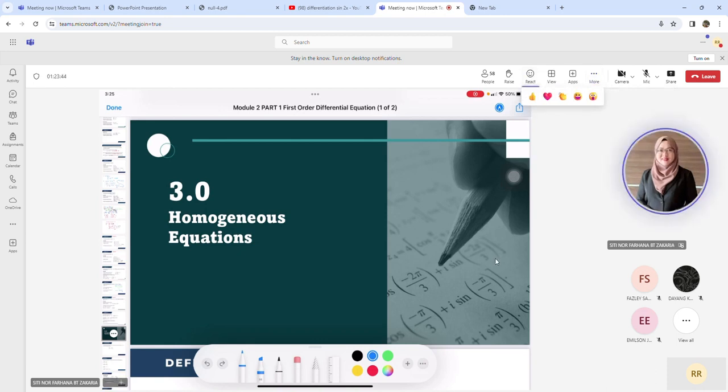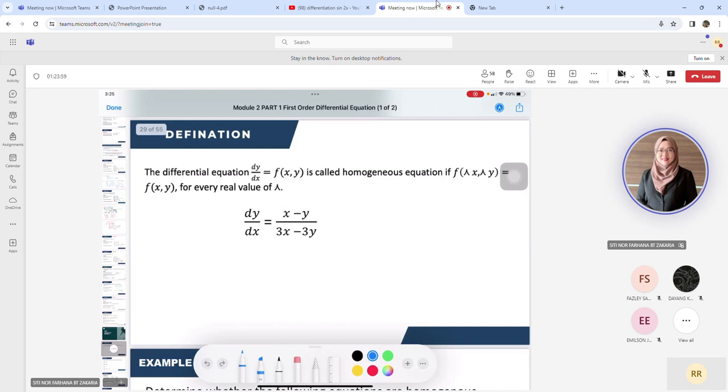Okay. So we move to another method which is homogeneous equation. Same as separable, you need to prove that the DE belongs to homogeneous equation. So what is a homogeneous equation? Our normal equation is dy/dx equals to f(x,y).